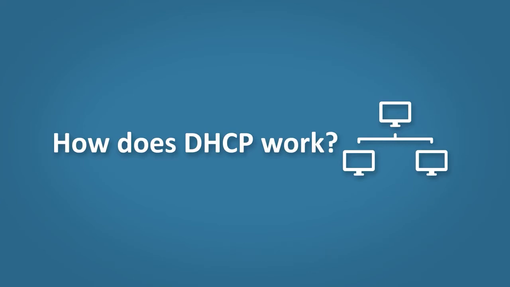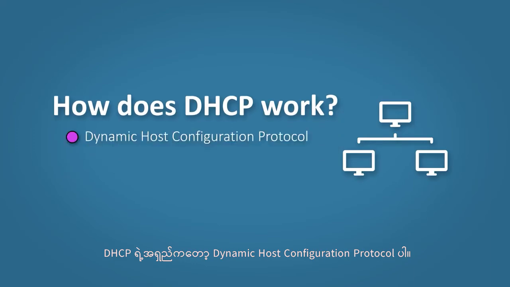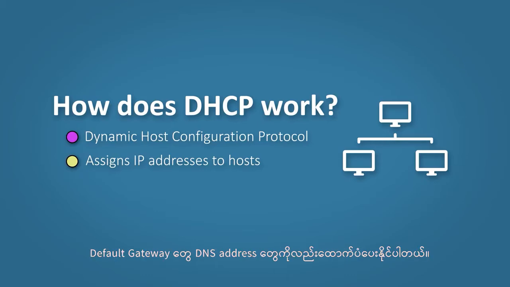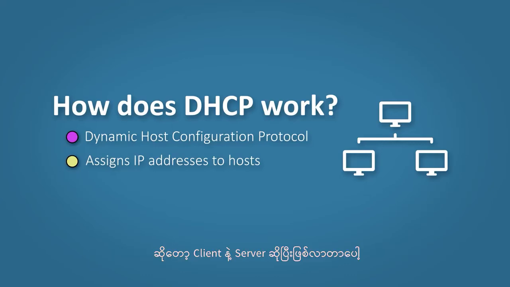DHCP stands for Dynamic Host Configuration Protocol. Its goal is to assign unique IP addresses to our hosts. It also provides other network addresses such as the subnet mask, the default gateway, and the DNS address. It comes in two flavors. It comes as a client and as a server.